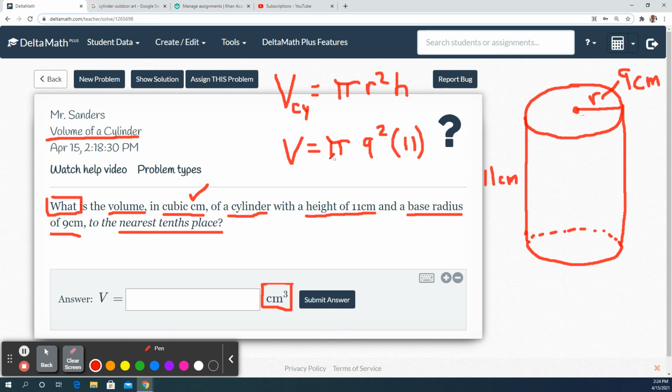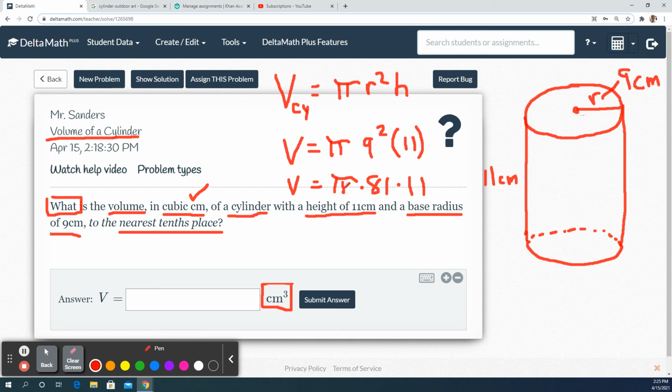So order of operations, we would do the exponent first. 81 times 11. And then usually we multiply from left to right. But in this case, since we have a pi here, I like leaving that rounding of the pi till the end. And notice they did not say to approximate it.